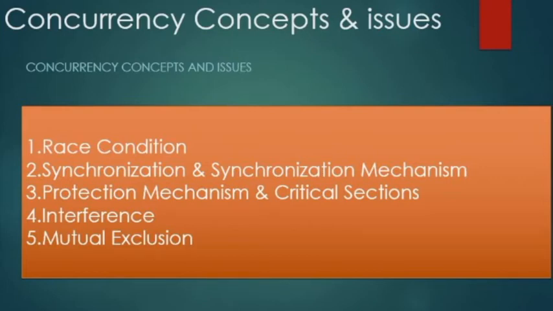So the synchronization should have the following properties. It should have the ability to detect actions performed by interacting processes. It also should have the ability to permit the transfer of data at the appropriate time.